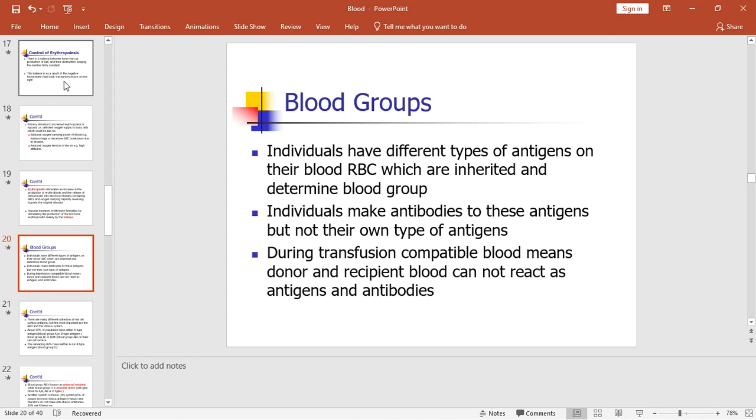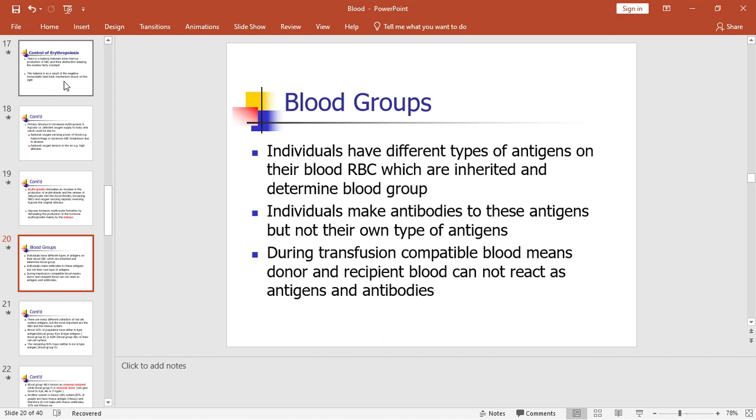When you have the A antigen, the body is going to have antibodies to B, but not A. You can't attack self. You understand that? Otherwise, you wouldn't be alive.